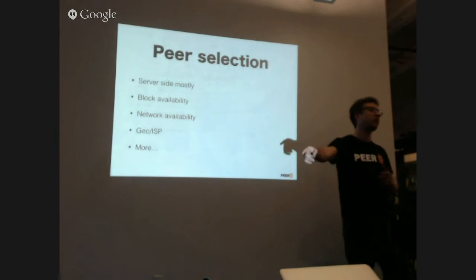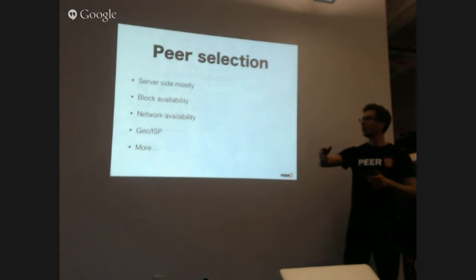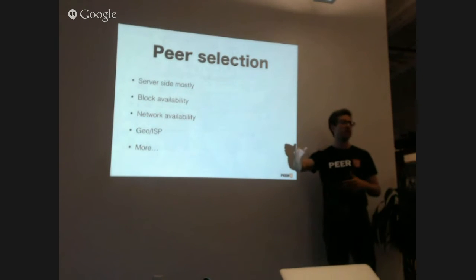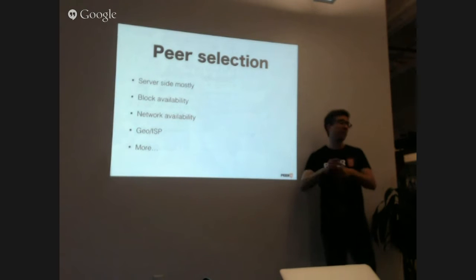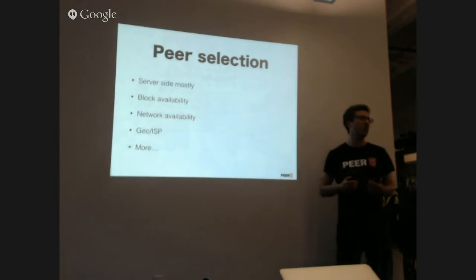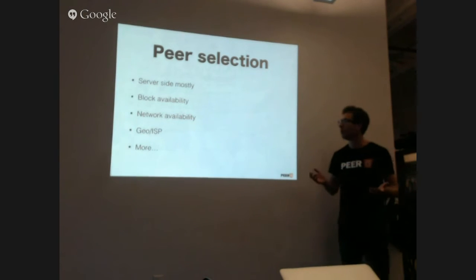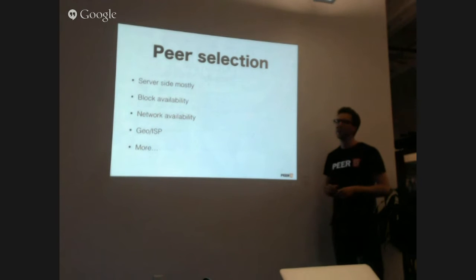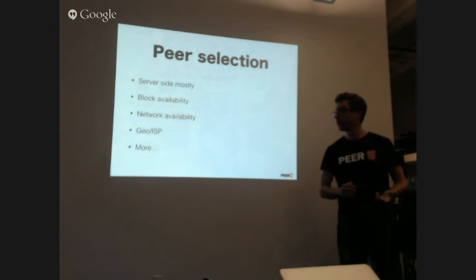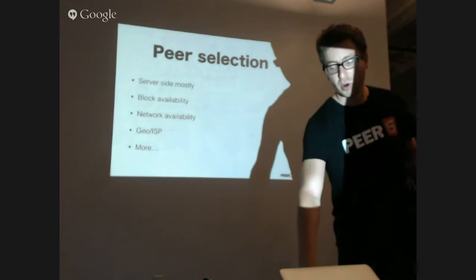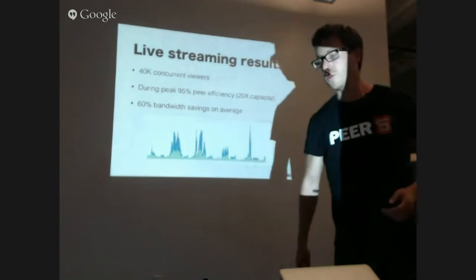Like, am I going to talk with Feross? Maybe he has the blocks that I need. If he doesn't have any content to contribute to me, I'm not going to communicate with him. The network availability, the ISP, and geography also affect us, and there are more parameters that we use.